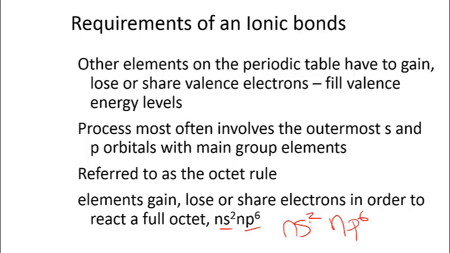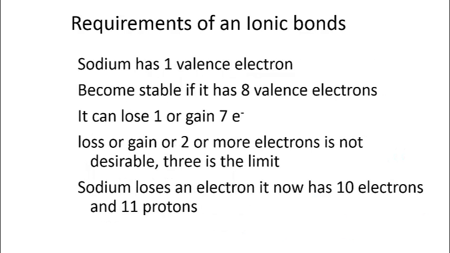And again, the reason it's called the octet rule is because if you add together the outer s and p electrons, it totals 8 valence electrons. Sodium has 1 valence electron in its outer 3s orbital. And by the octet rule, it will become stable if it has 8 valence electrons.